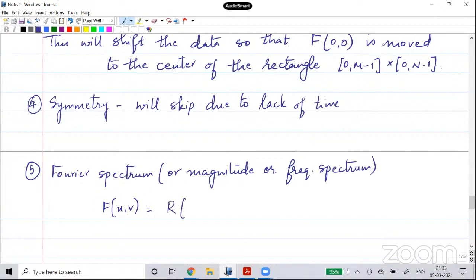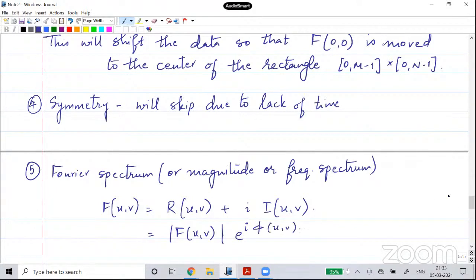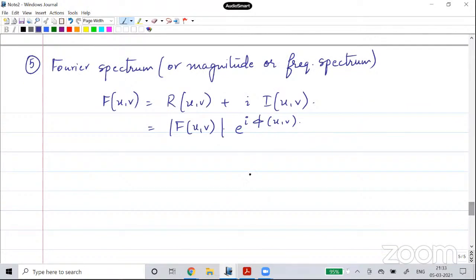We can write it as the real part plus its imaginary part, which in polar coordinates is |F(u,v)| e^(i phi(u,v)). So if |F(u,v)| is plotted against u, v, that gives us the Fourier or magnitude or frequency spectrum.